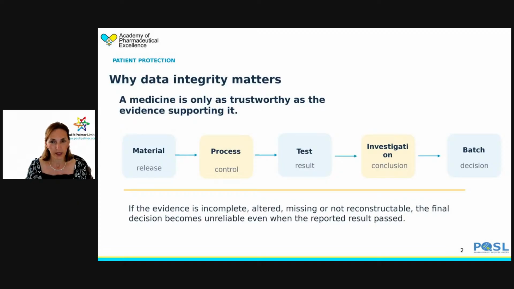And equally, on the other side, a passing result can have poor integrity if earlier failures were omitted, or if the system allowed the data to be altered without the traceability required. Inspectors are therefore not satisfied simply with a number that is within the specification. They want confidence in the path that led us to that number.